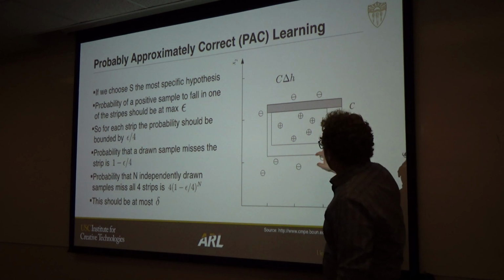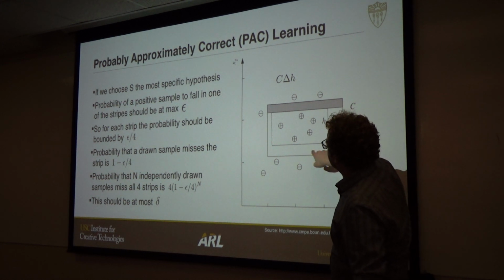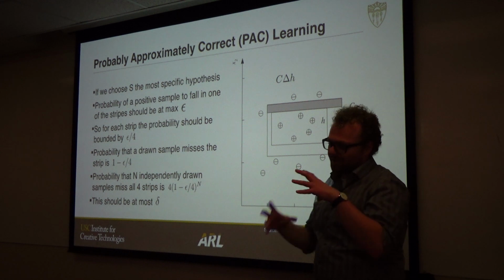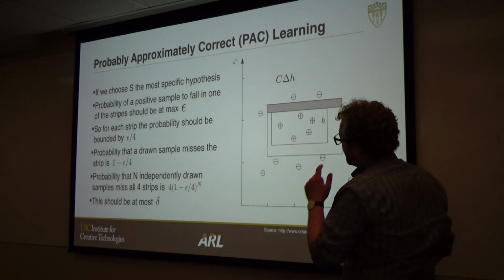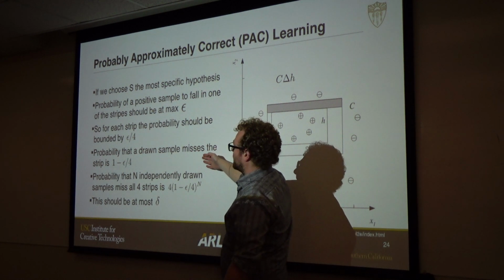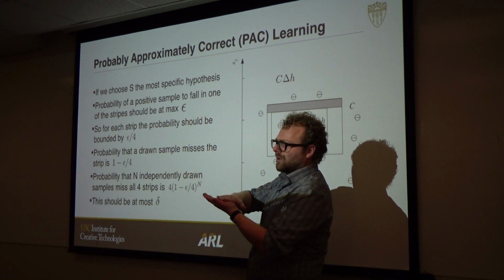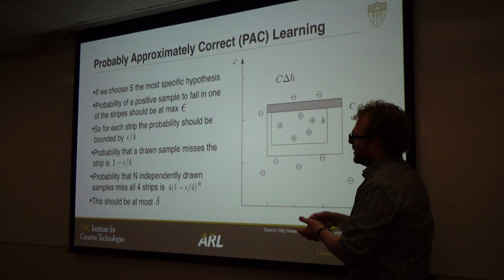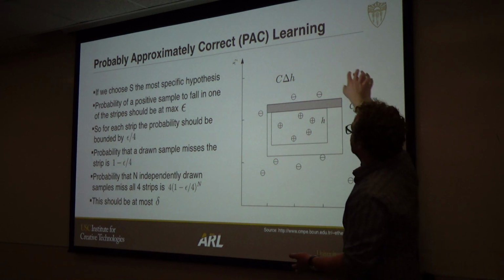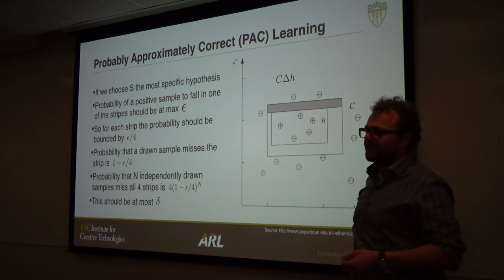Okay, so we don't want it to fall in any of the sides of the hypothesis. So we divide by 4, and with 1 minus epsilon divided by 4, the sample misses the strip, so it's around here or in here, right?